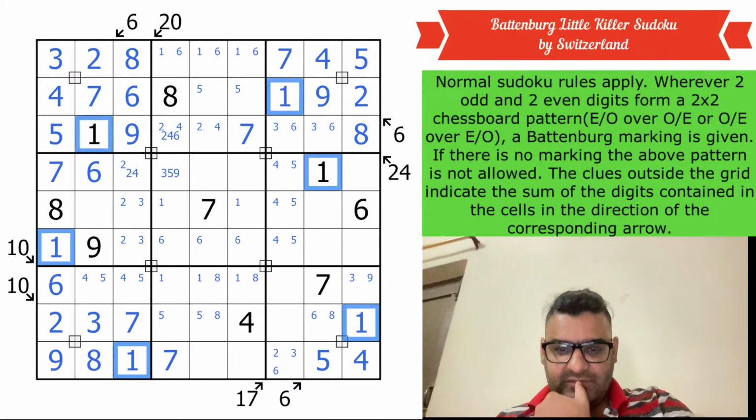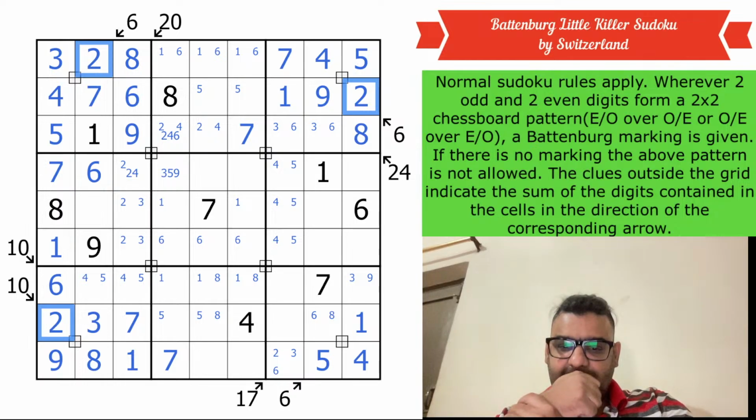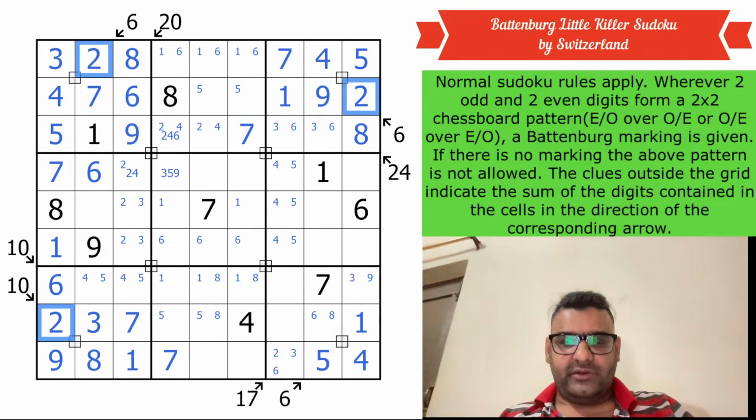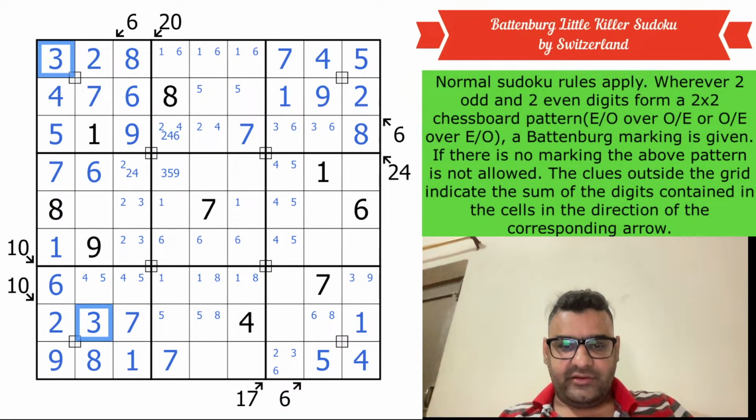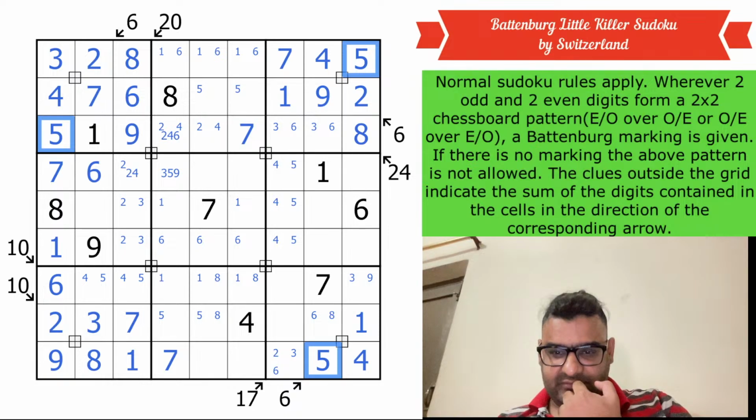We go from one again. One, one, one. We already do two, two, two, and two. Three can be any of these two. Four. Five, five, five. Five is here.